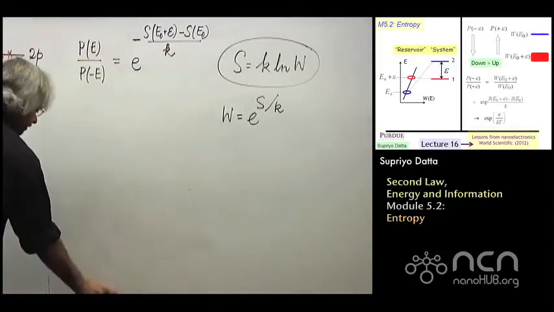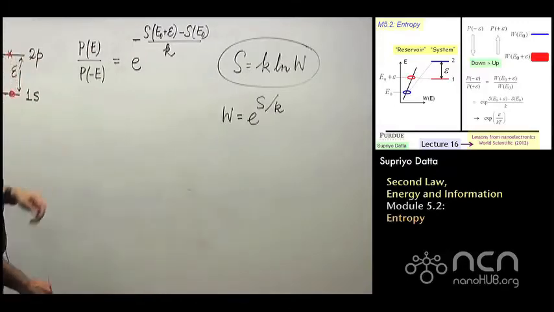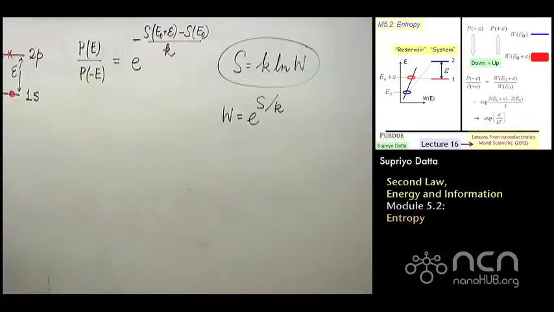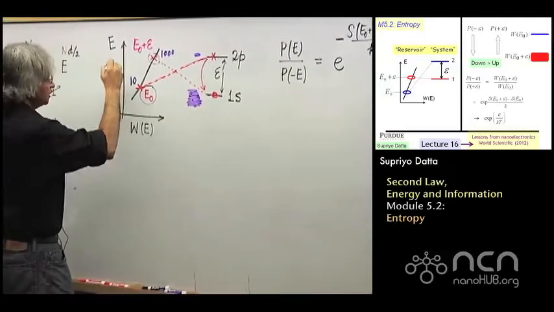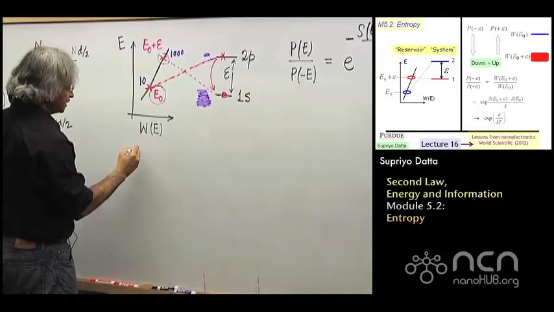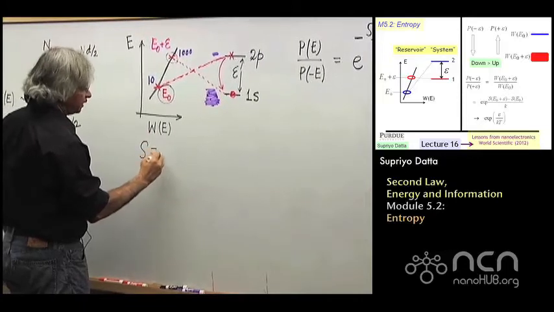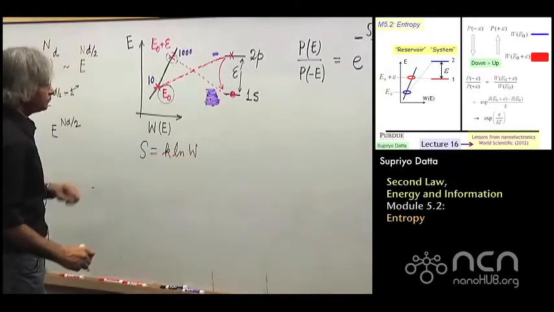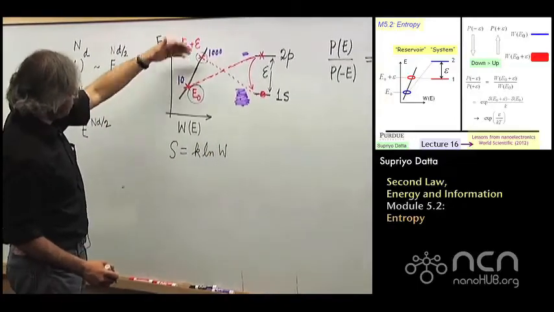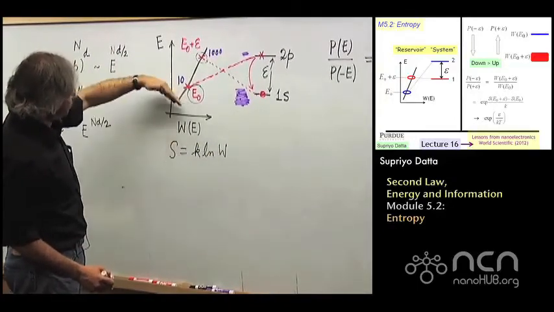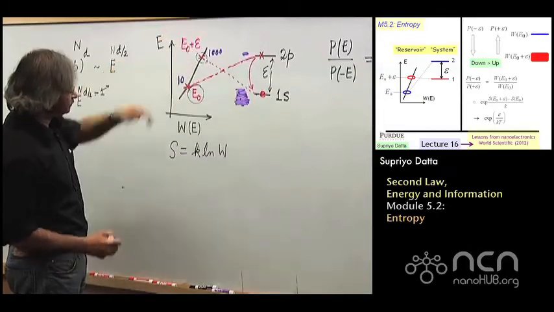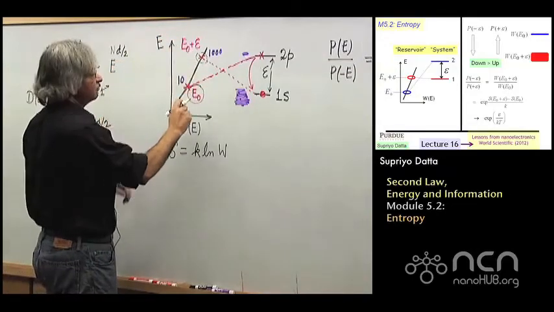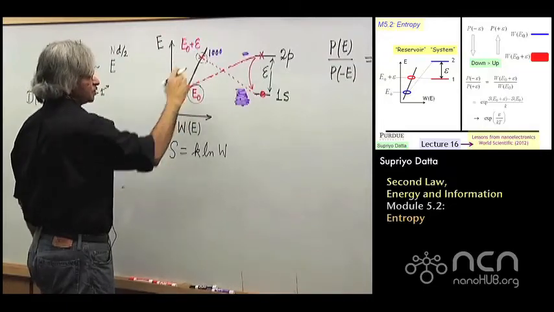Now the point is, this entropy function, what I had drawn earlier was W, and now we are using this concept of entropy, which is S equals K log W. And as W is increasing, so is the entropy. That's also an increasing function. But usually we are talking of a big reservoir where this change is small.